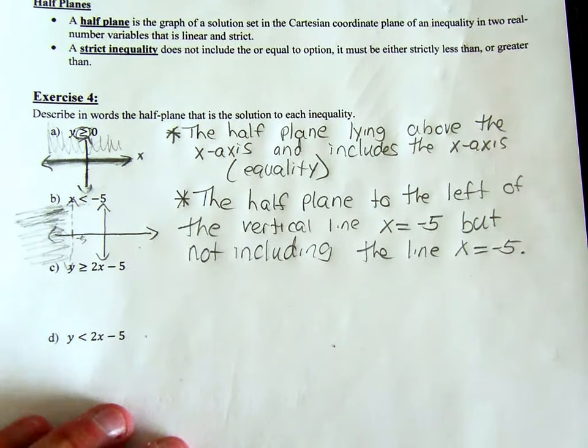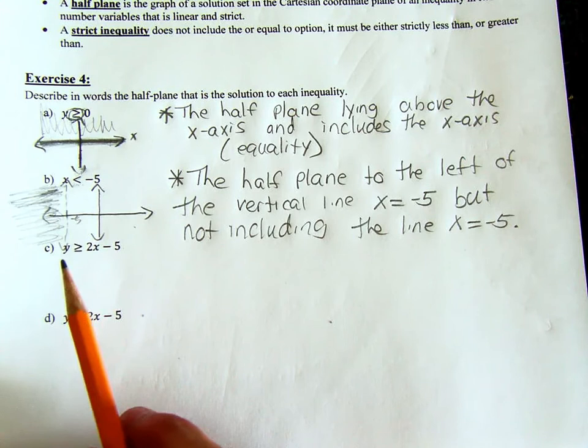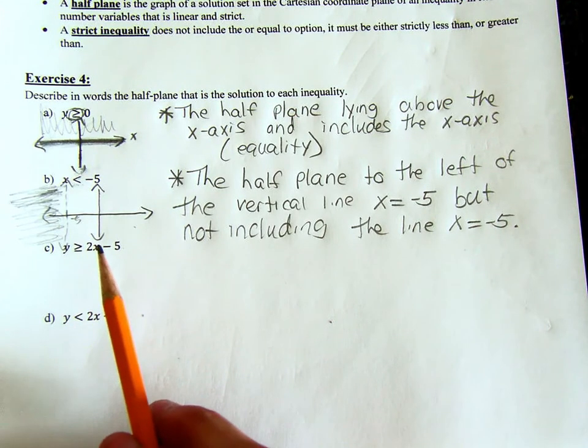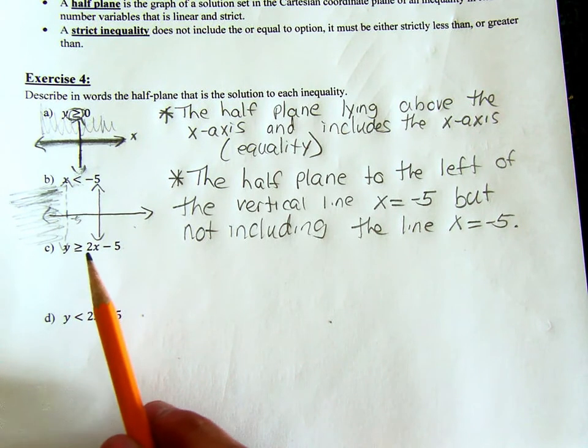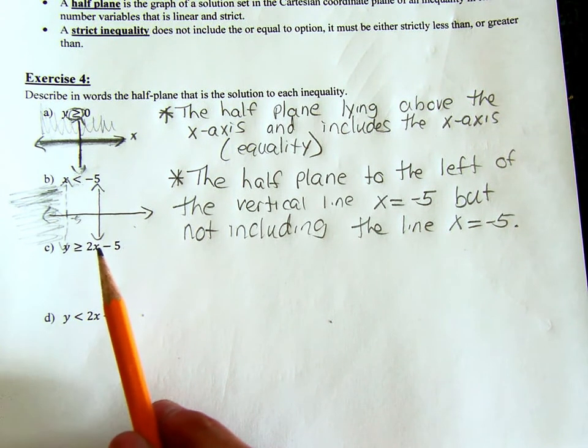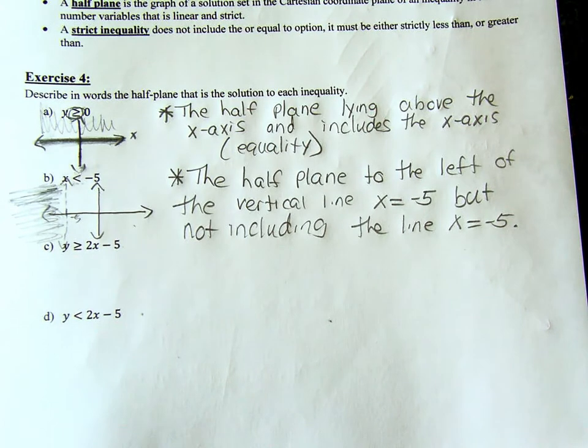Okay? So now let's move on to something a little more complicated. We have y is greater than or equal to 2x minus 5. So we know that we're going to have equality, so it will include all the solutions to y is equal to 2x minus 5. And since it's greater than, it will be all of the plane that's above.